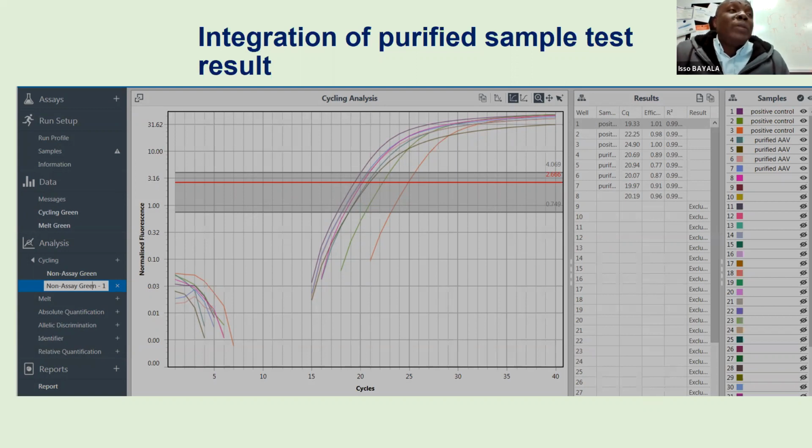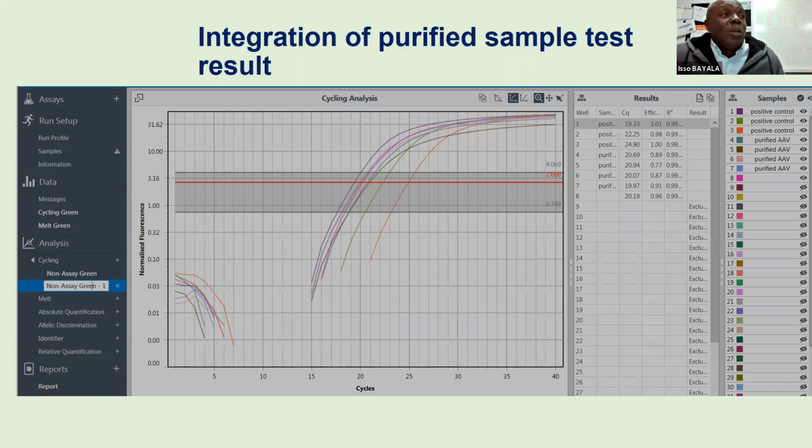Then you could use that to determine the amount of particles that were present at the beginning of the cycle. Each cycle is when the amount of product doubles, so the quantity doubles with each cycle.